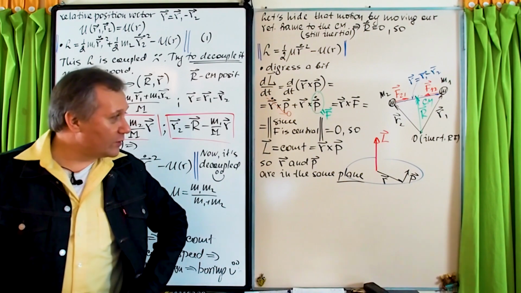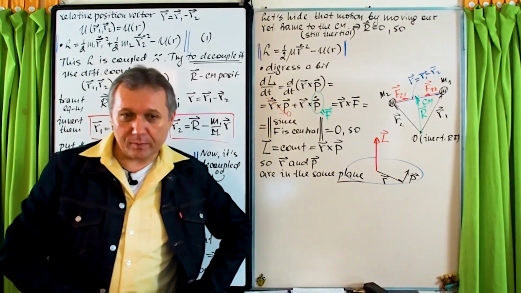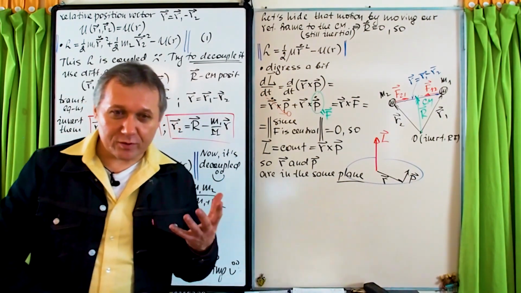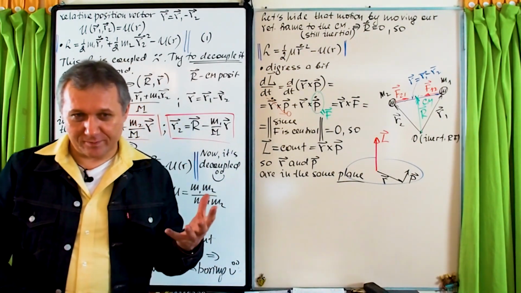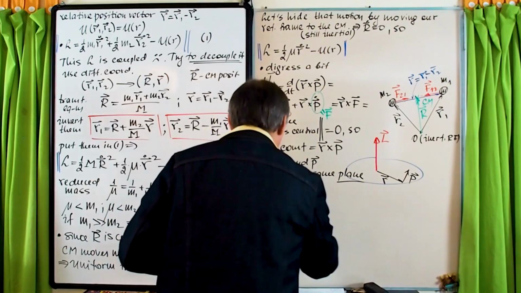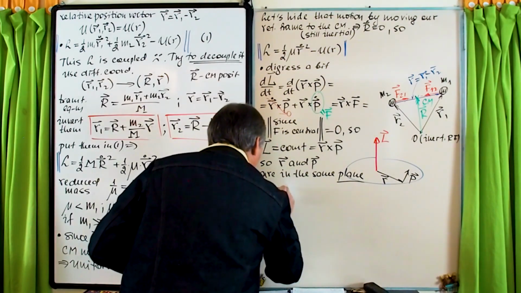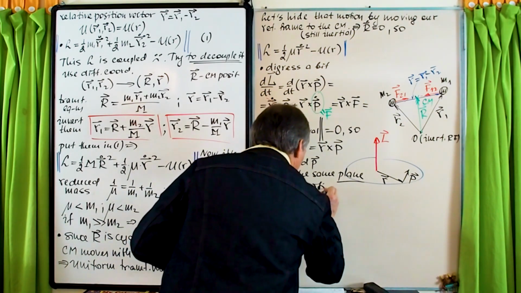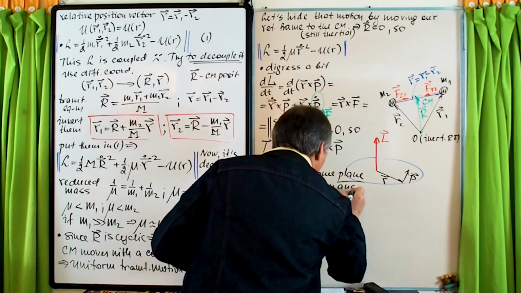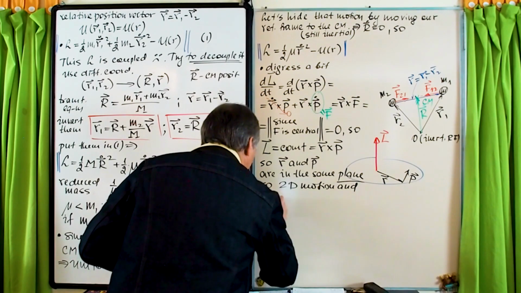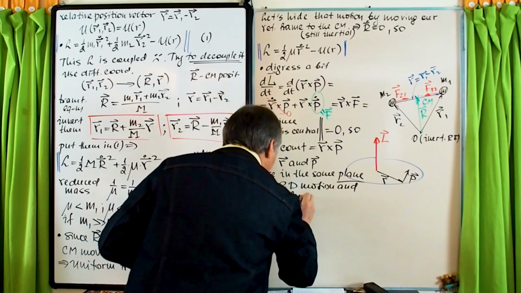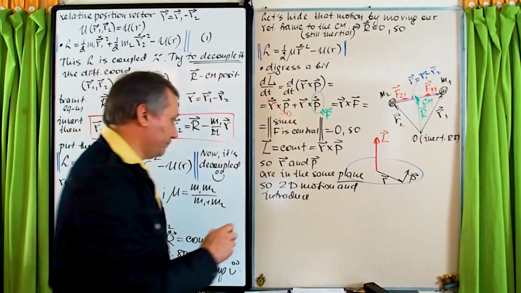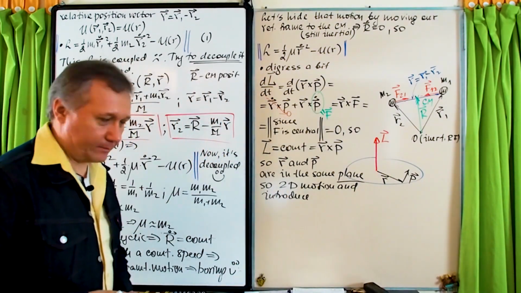So we can move from a three-dimensional problem to a two-dimensional problem, and we can introduce polar coordinates, right? 2D motion, and use polar coordinates.